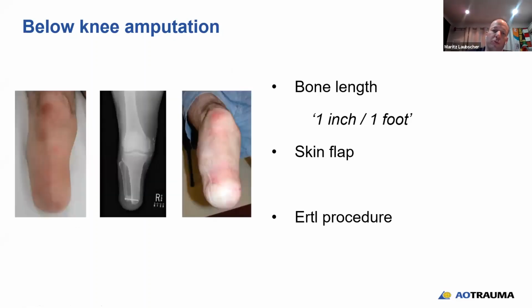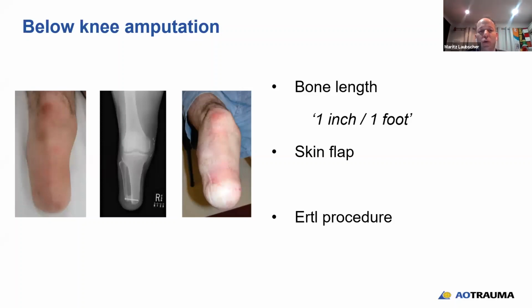One thing that I just wanted to mention, because it's a topical word that's often used, is the Ertl procedure, which is where you aim to achieve a bone bridge. Now, when this was described, there were some very high functioning amputees, specifically from military amputations, and this amputation also became popular, but became topical.